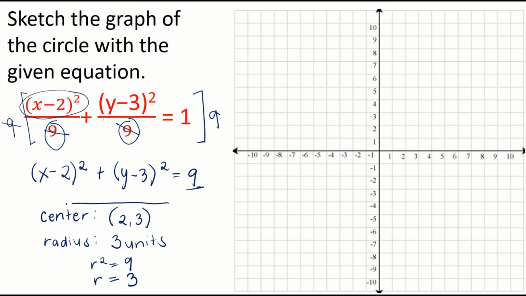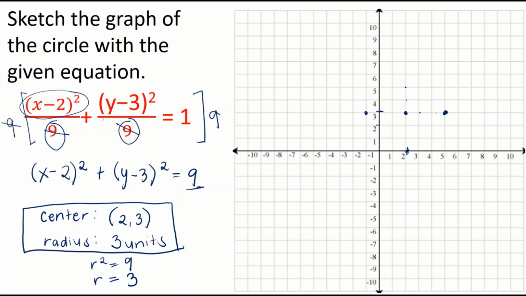Okay? So when we have the center and the radius, we are now ready to graph the equation. So to graph this again, plot the center. We have 2 and positive 3. So this is the center. And then count 3 units to the left, to the right. 1, 2, and 3. And then we have 1, 2, and 3.